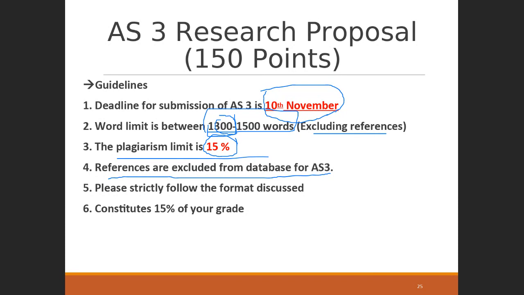I hope that you will confirm this by submitting the assignments. You will realize that the references are no longer indicated as plagiarized text. Please strictly follow the format, and this assignment constitutes 15% of your grade, so you must take it very seriously.